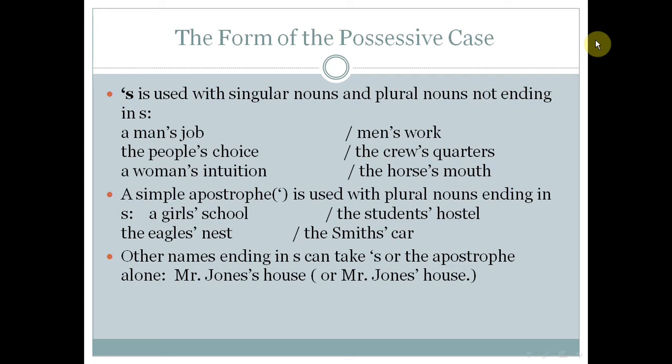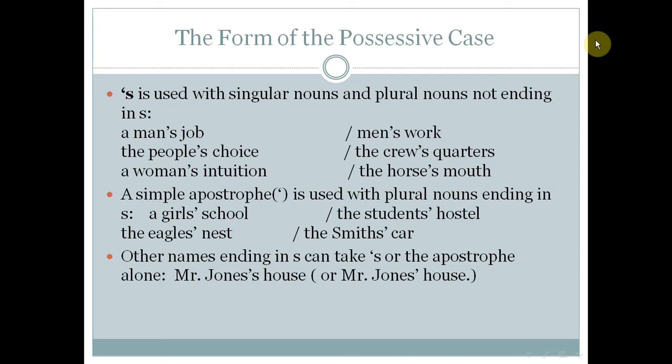There is apostrophe and S. It's the possessive S. A man's job. But look at the plural, men's job. Here, men is a plural, but it's a plural by a vowel change. It doesn't end in S. So apostrophe and S.